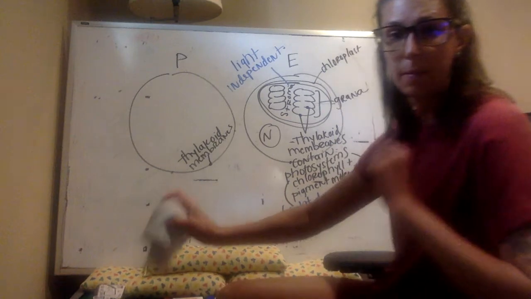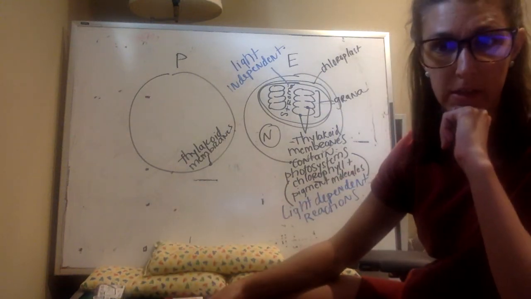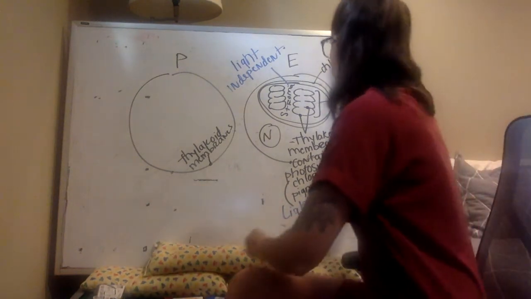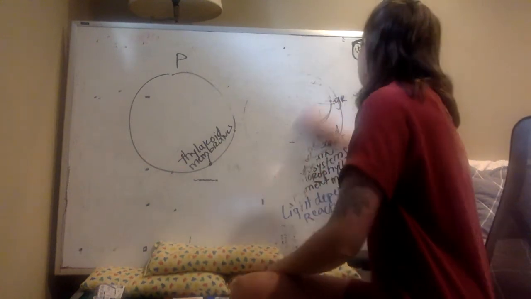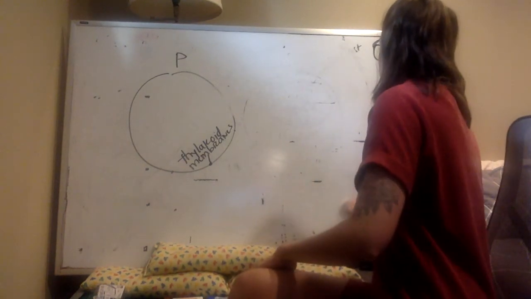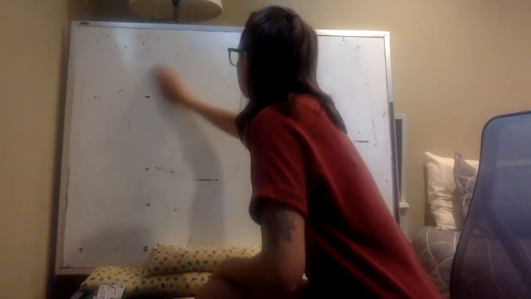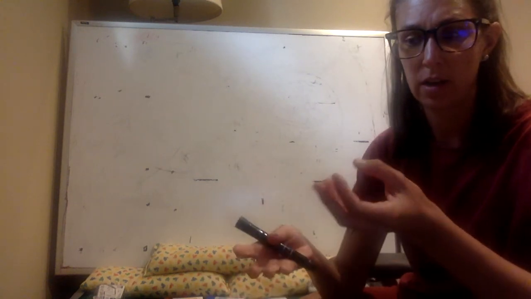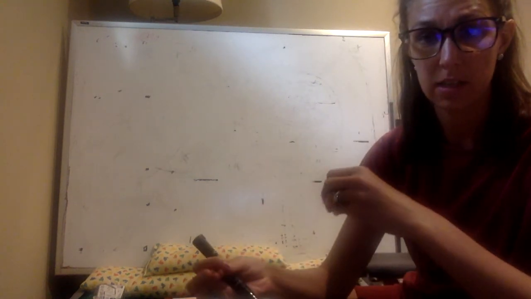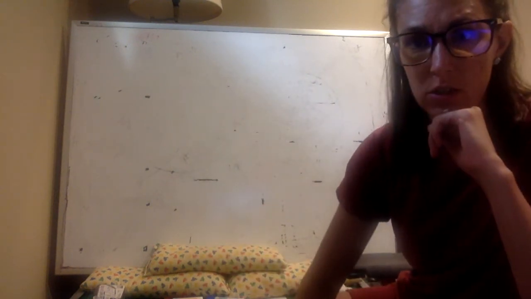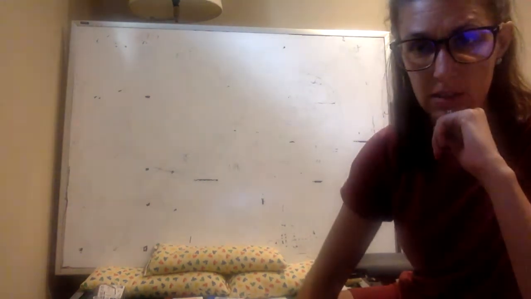All right, so I'm going to erase this, and we're going to talk about the next part. The first thing I'm going to do is give you a big picture view of what's going on, and then we'll talk about the nitty-gritty details. So the big picture is with photosynthesis, there are two forms of photosynthesis.